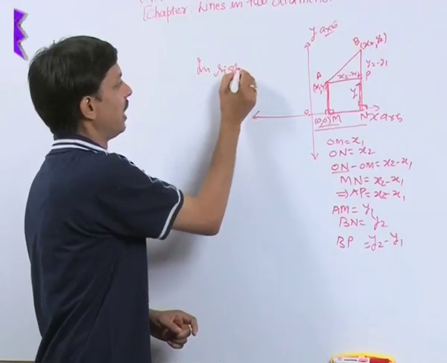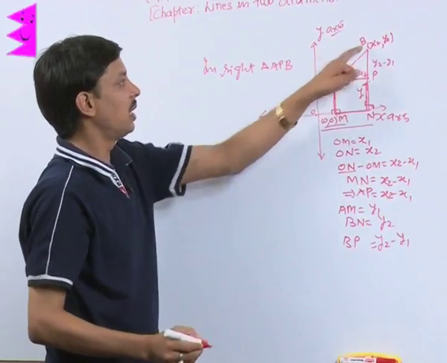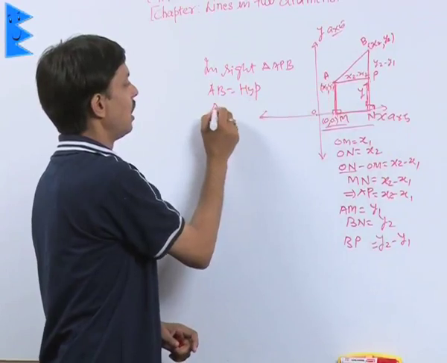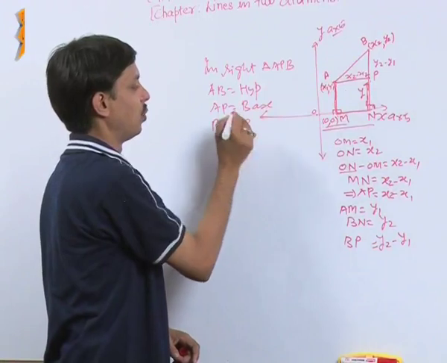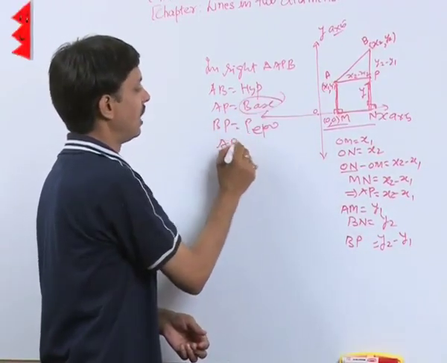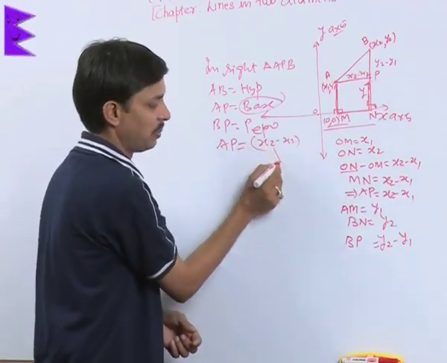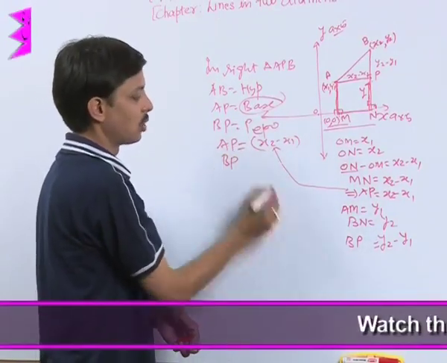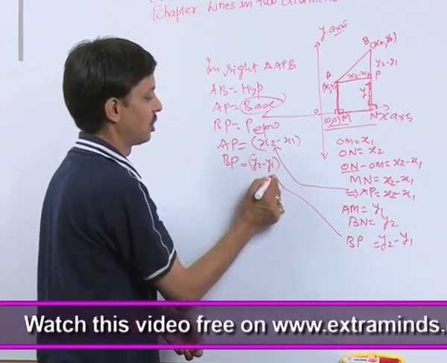In right triangle APB, length AB is the hypotenuse, AP is the base and BP is the perpendicular. The base AP is x2 minus x1, and the height BP is y2 minus y1, as calculated in the previous steps.